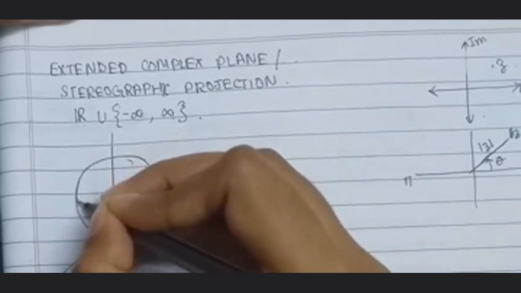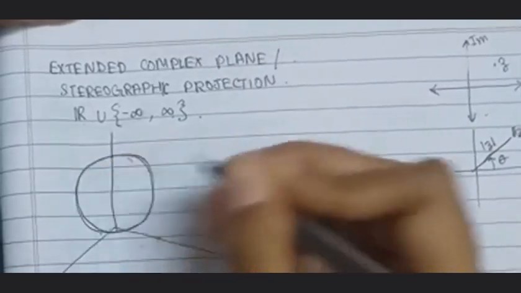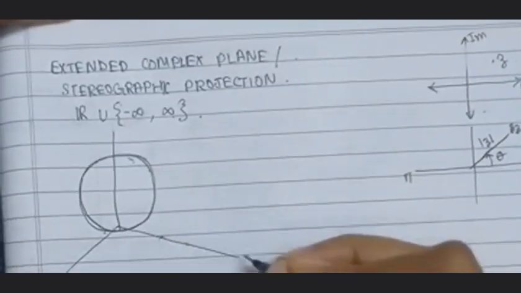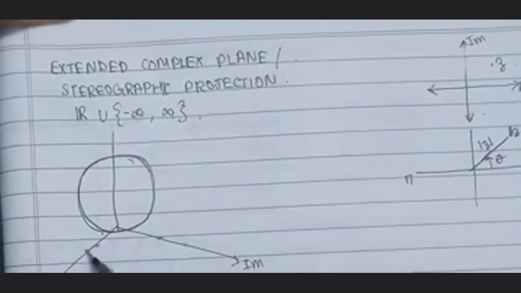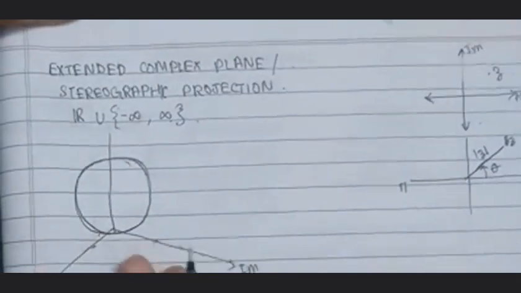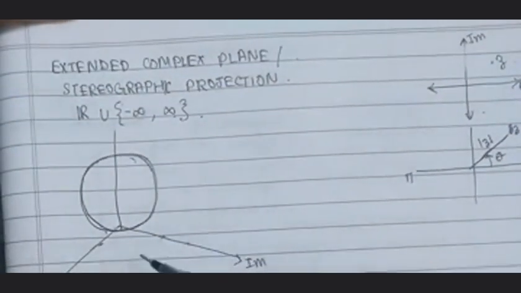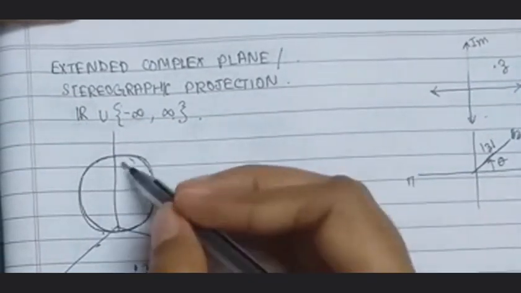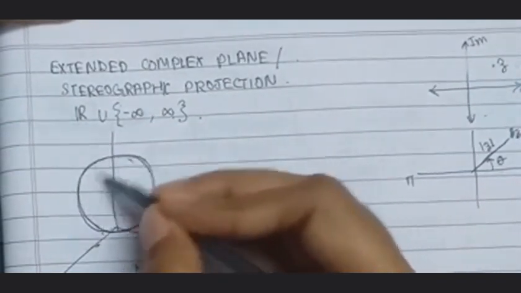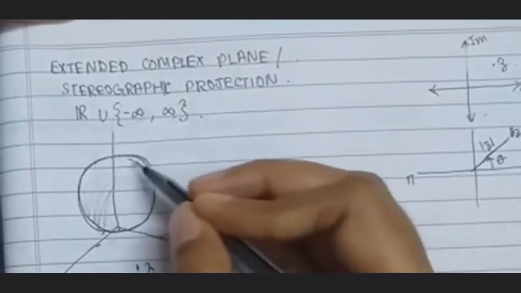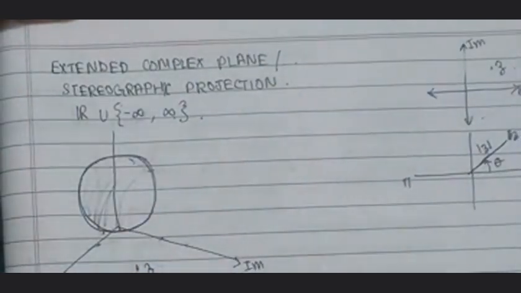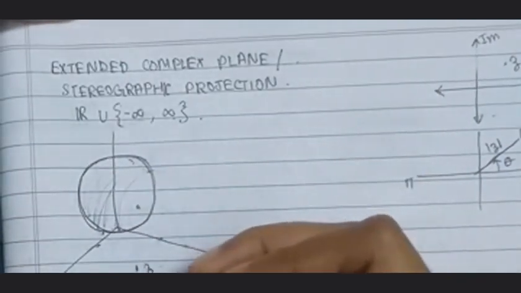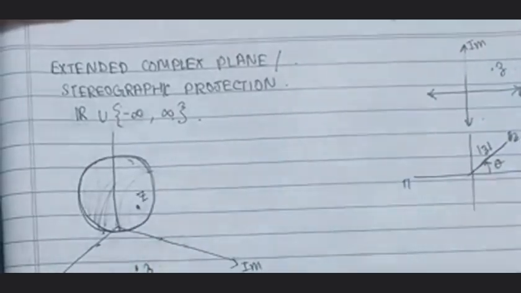Okay, so this is our unit sphere, and what we do is, if we think of this as our complex plane, this ground area, the flat area below, right? So if you map every complex number z onto a point on the surface of the sphere, then you have a mapping from z to capital Z.